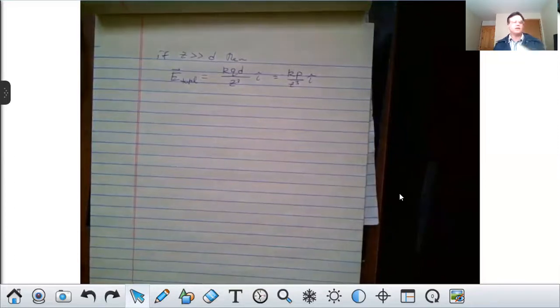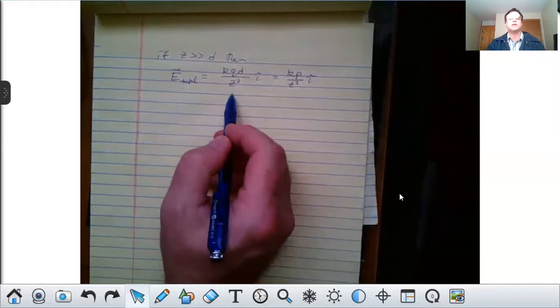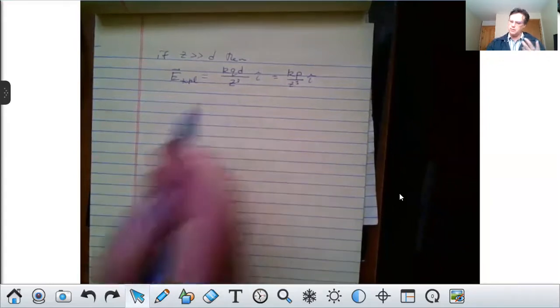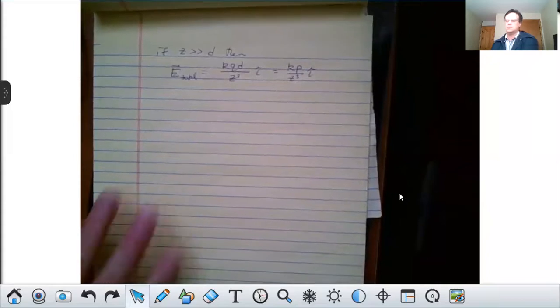That is my electric field far from a dipole along that line bisecting the charges. In the homework problems, you'll see a situation similar to this, other situations where you have to add up these electric fields as vectors. So hopefully this is an example that will help you out with that. I'll be doing other examples here as we go along.